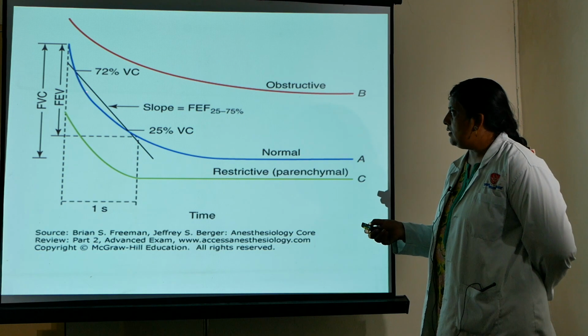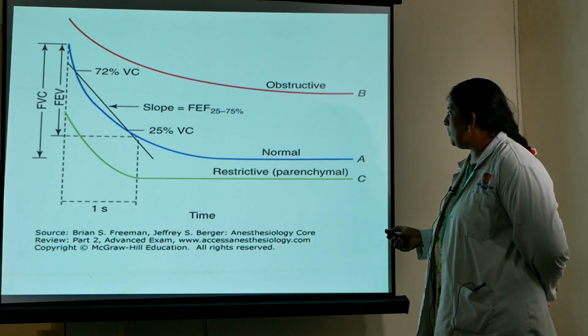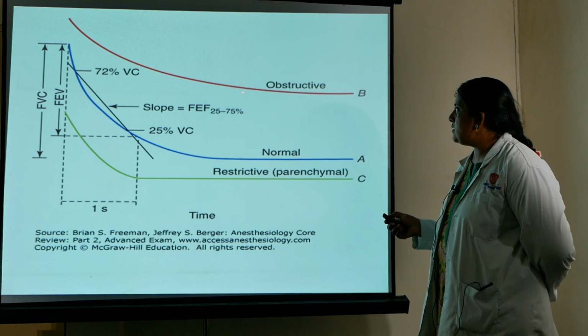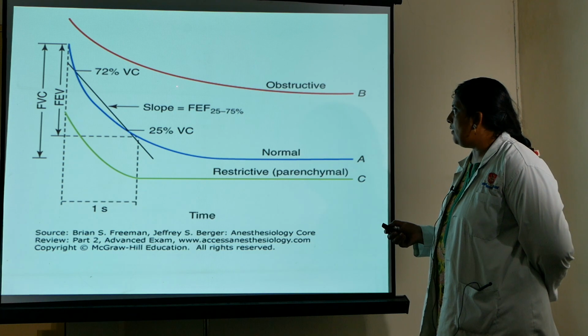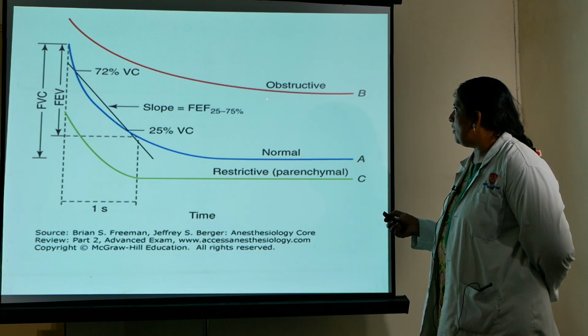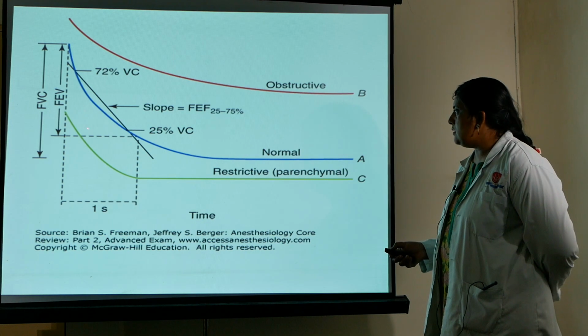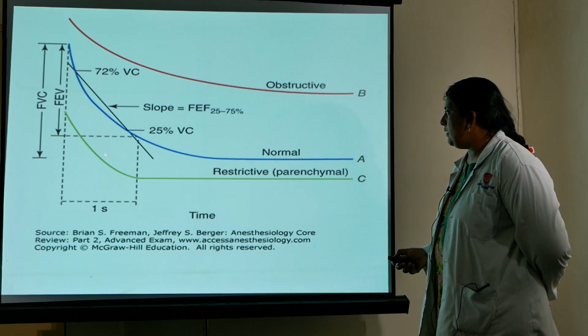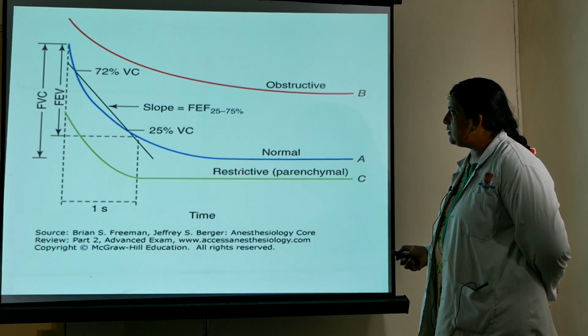This is the graph of a patient with normal pulmonary function. This is the slope of the graph in a patient having obstructive pulmonary function, and the green line, as you can see, is that of restrictive pulmonary function.